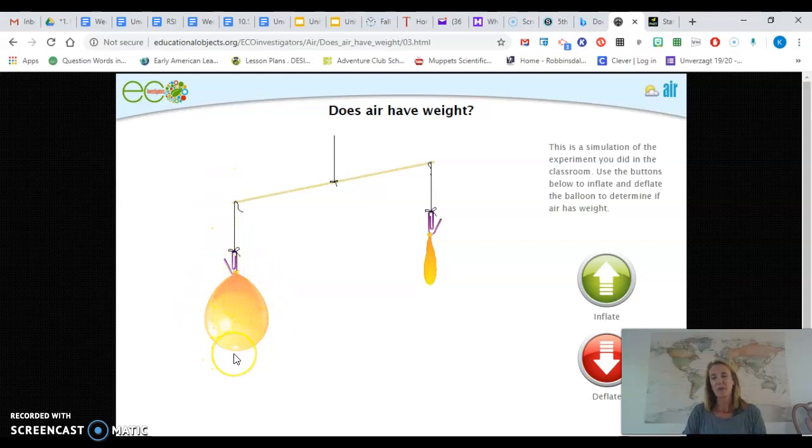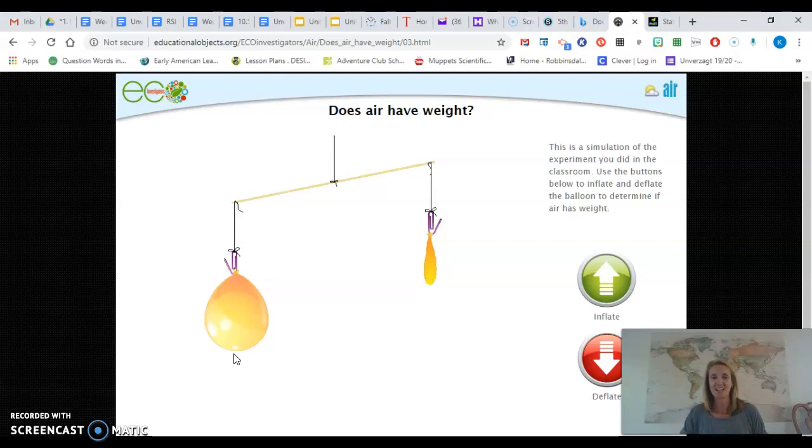If you remember from younger grades when you played with the balance, you know that when one side goes down, it has the most weight. All right? So yes, air has weight. Air takes up space, air has weight, and air has mass.